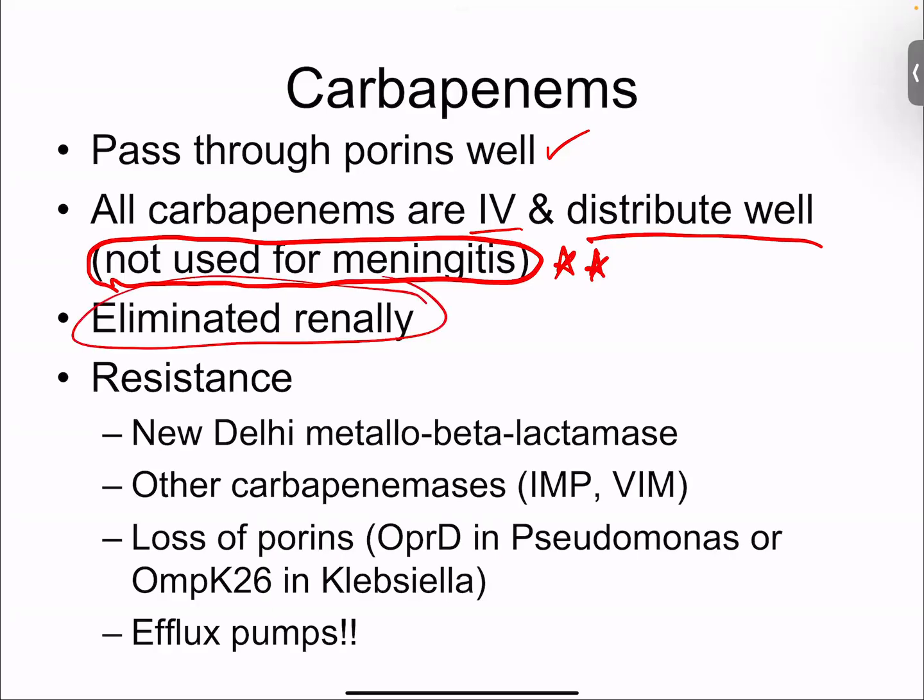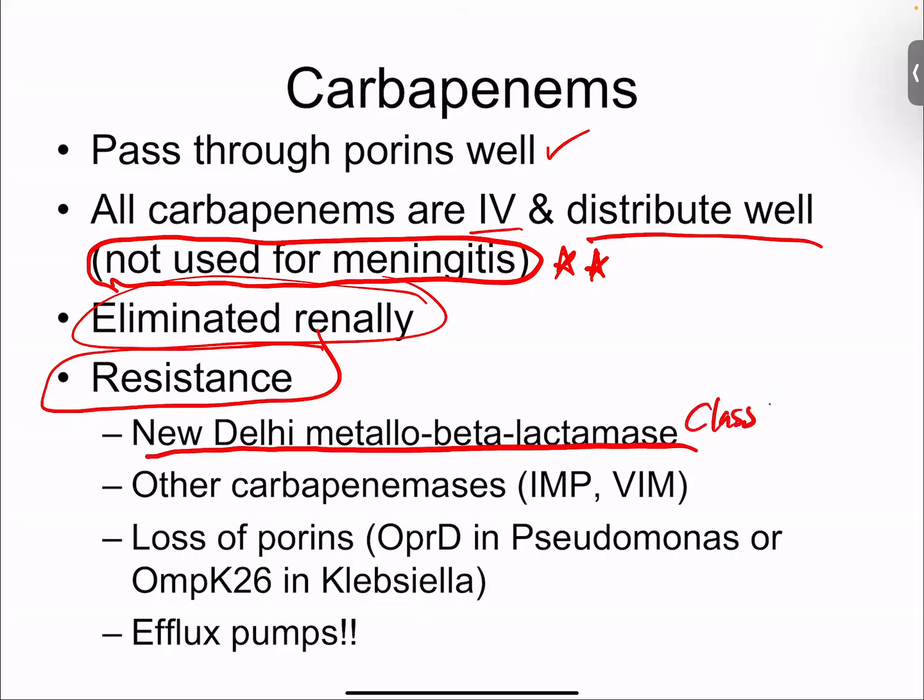Renal elimination. So again, this is something that you're always going to screen as you get these orders in your pharmacy. And at this point in time, you guys can predict the resistance mechanisms without a doubt. New Delhi metallo-beta-lactamase, a class B enzyme, and others. Metallo-beta-lactamases have the capacity to open up carbapenems, okay? IMP and VIM as examples.